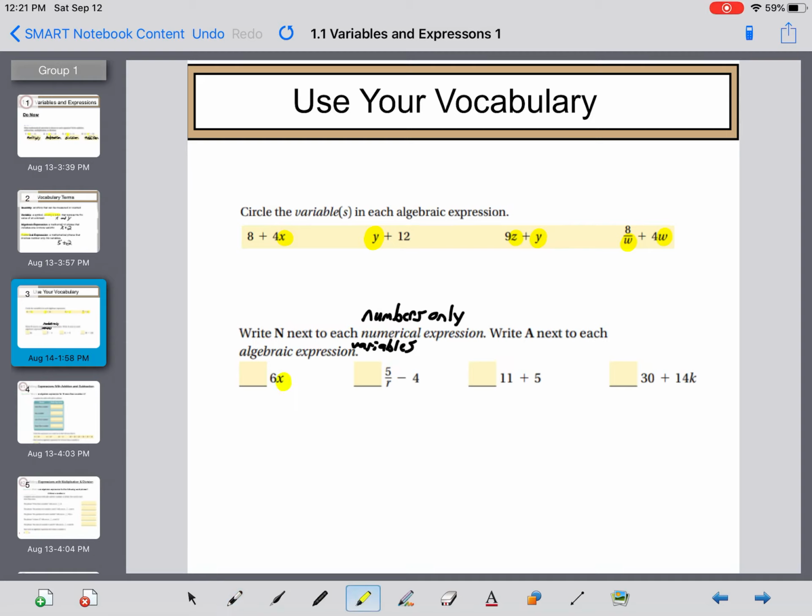I see in the first example 6x, that's a variable, that's an algebraic expression. 5 divided by r, again another variable, algebraic. 11 plus 5, well that's numbers only, that's numerical. And 30 plus 14k, that's a variable, so it is algebraic.